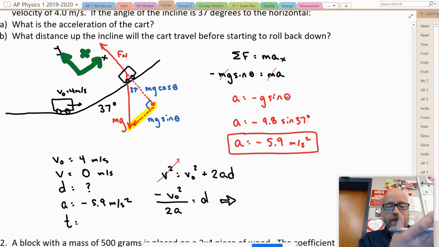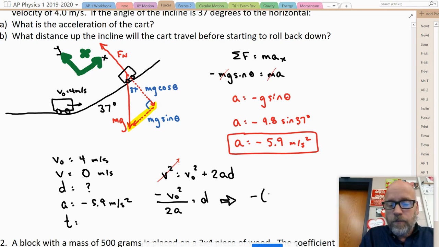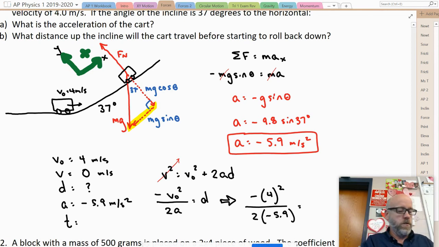I subtracted it over, and then I divided by 2a. So I'm going to have negative quantity 4 squared divided by 2 times the negative 5.9. Let's see what we get.